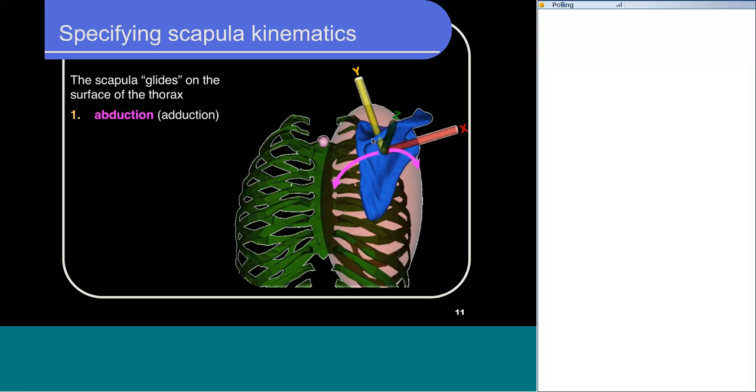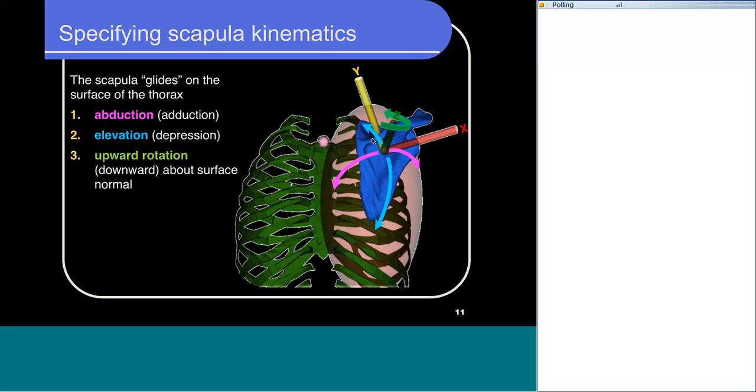So the scapula can ride on the ellipsoid, similar to how a ship's coordinates are moving on the surface of the ocean on the planet. We have our longitude, and then elevation and depression are our latitude. Upward rotation is giving us our heading on the ellipsoid.